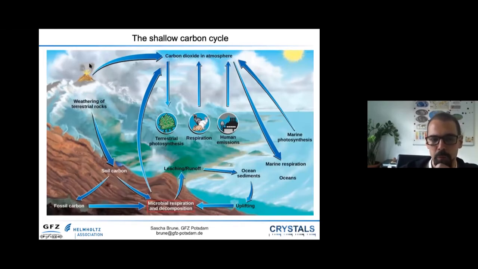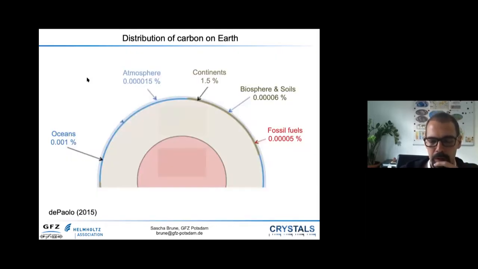So before we've seen all these interactions at the surface, but we want to focus on the tectonic contributions here. And before I go into the details, I want to mention how important they are. So what Sabine showed as this C in the DCO that was kept, this is the distribution of carbon on Earth. So we have the atmosphere. This is 0.0000115% of the entire carbon on the Earth.